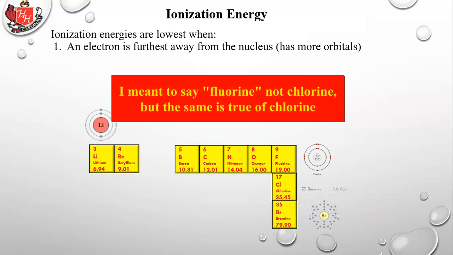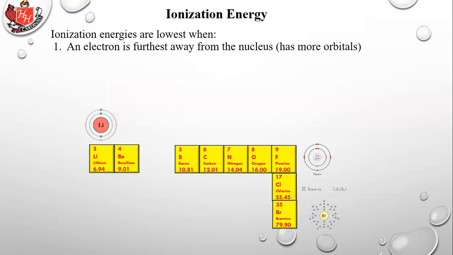If you look at chlorine, it only has two orbitals. So its valence electrons are closer to the nucleus. Now, yes, fluorine does have a lot fewer protons than bromine, but still, the fact that there are so few orbitals and so few shielding electrons blocking out the valence electrons from feeling the pull of the protons means that fluorine has a very high ionization energy.